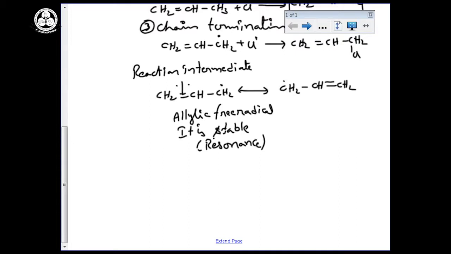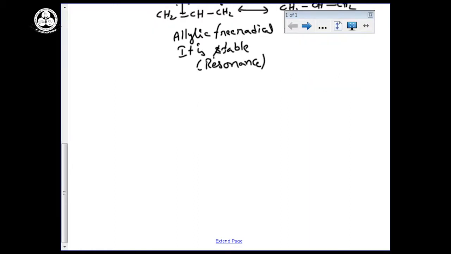So allylic free radicals are more stable due to resonance. See the examples given: plus Cl2, heating at 600 degrees Celsius, then we get, it's not an addition reaction, the chloro product plus HCl.